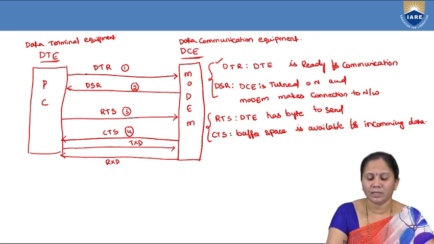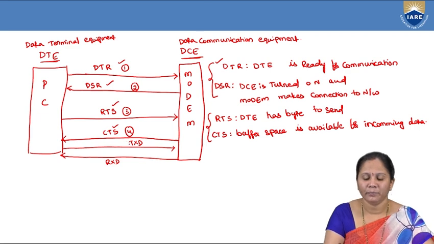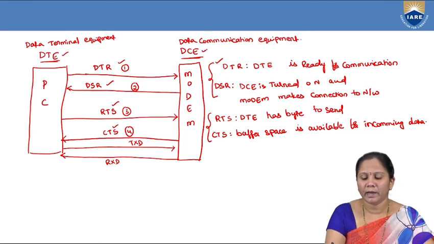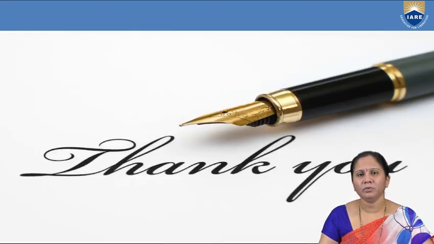So using these four signals, DTR, DSR, RTS and CTS, the data transfer will be performed between the DTE and DCE devices. So this is what we had about the different types of communication and pin configuration of the 8251 USART.